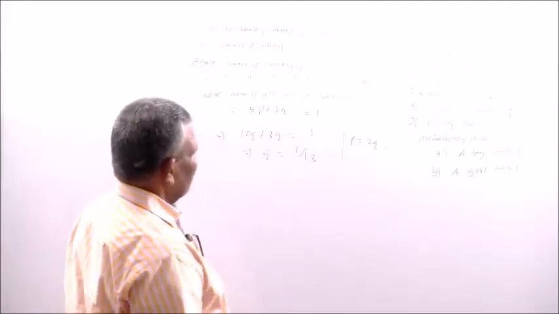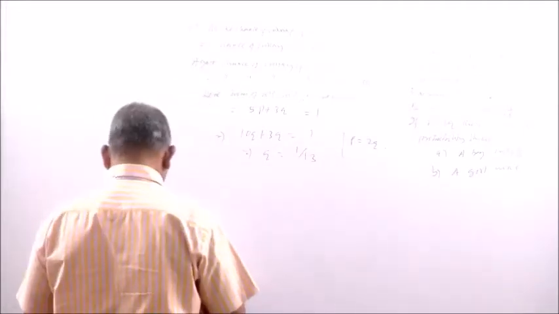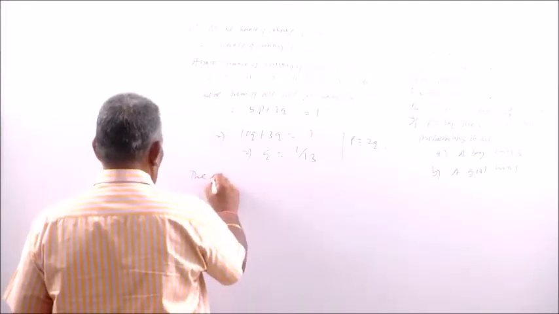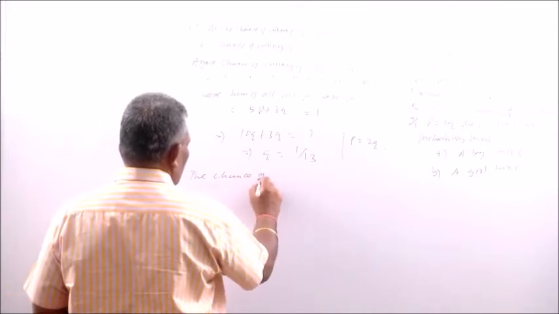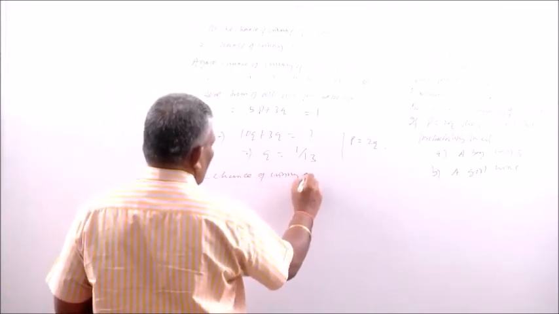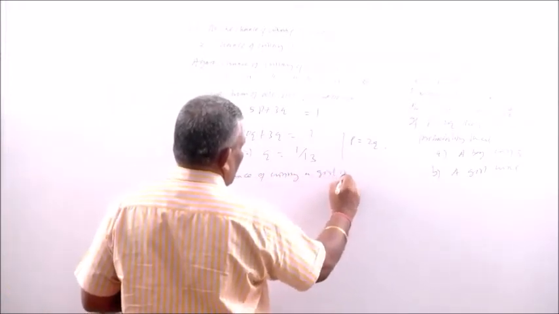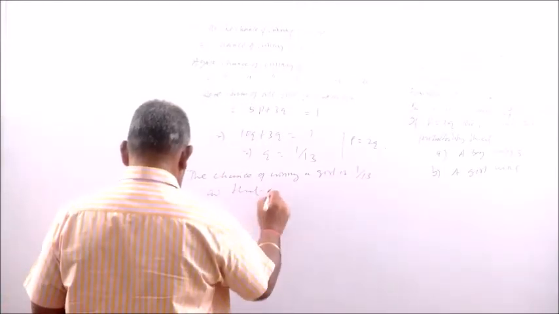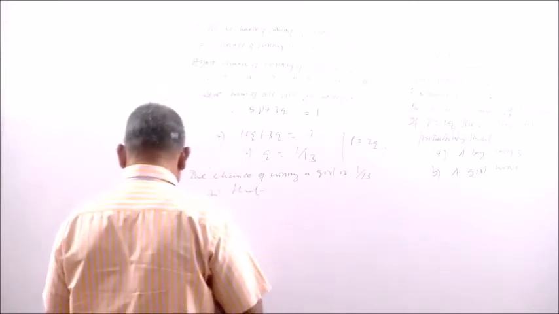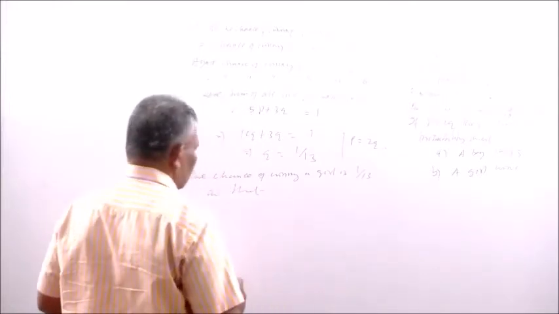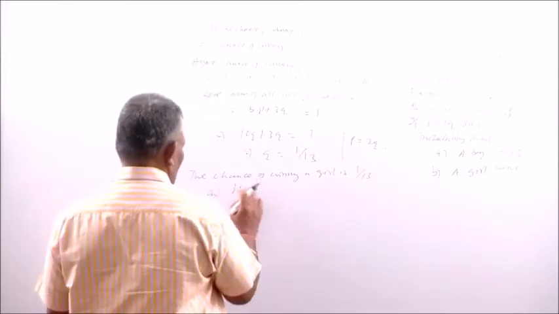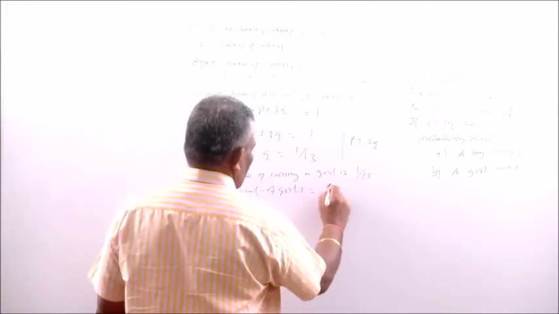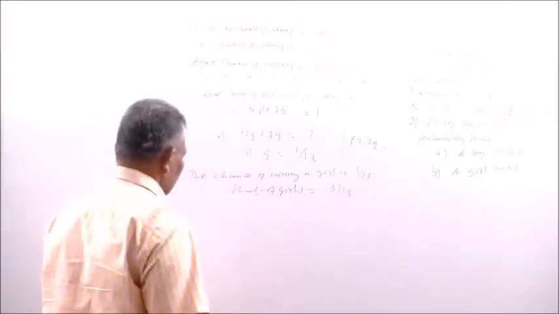That implies the chance of a girl winning is 1 by 13, and that of girls equals 3 by 13, because there are 3 girls.